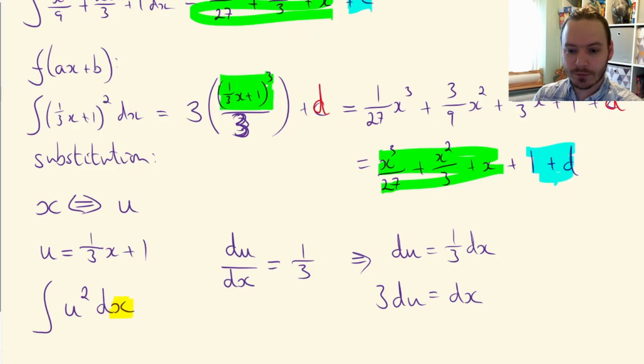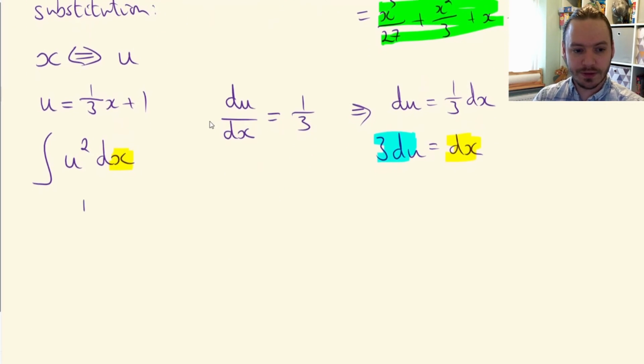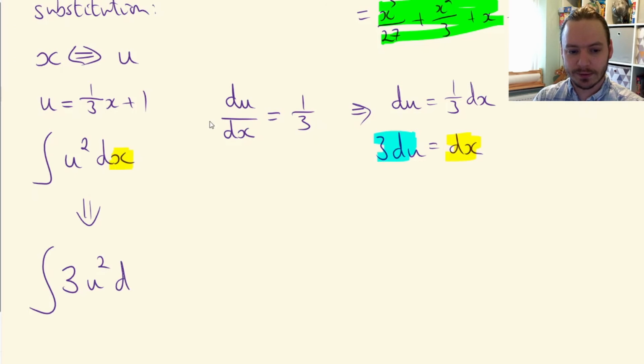So I can now replace my dx with 3 du. I need a little bit more space for this now. So this integral is now going to look like the integral of 3 u squared du, because I've replaced dx with 3 du. This is now really easy to integrate.